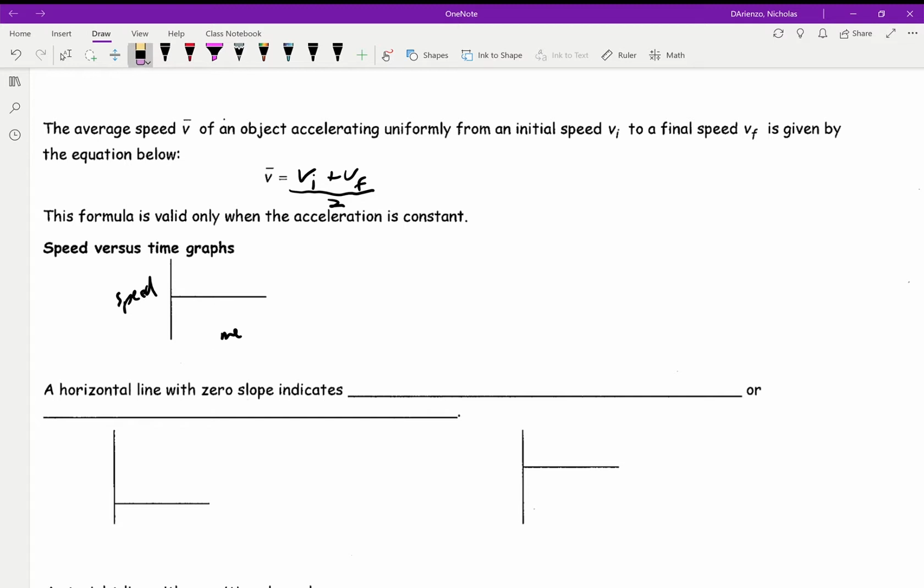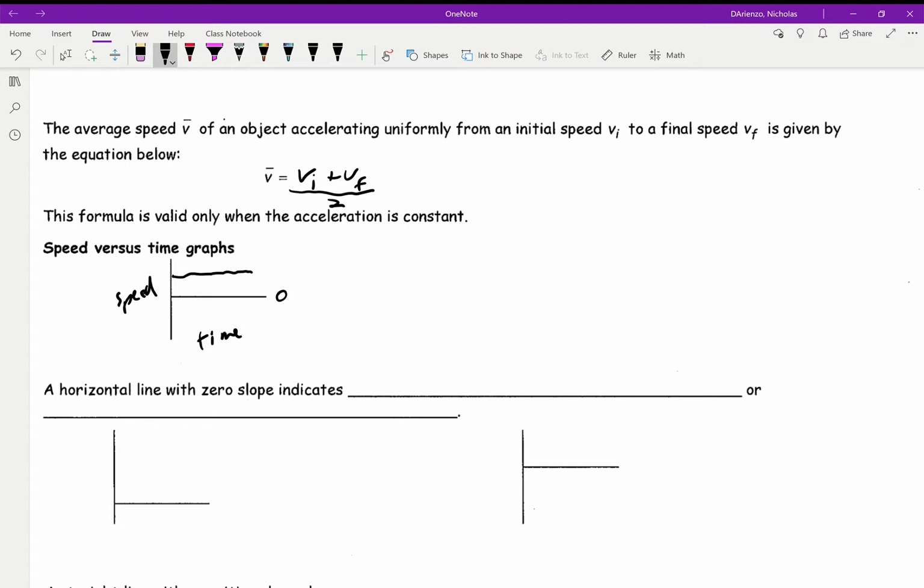Let me fix that t. Time would be on our x. And if we consider this will be our 0 speed, and we'll consider a positive value in the first quadrant.